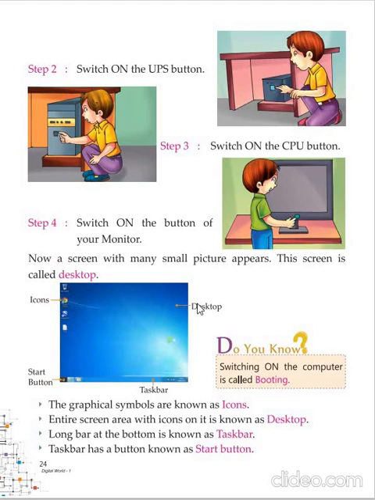And this screen is called a desktop. These are small icons. This is the start button and this is our taskbar. So children, icons are the graphical symbols. Entire screen area with icons is called as desktop.